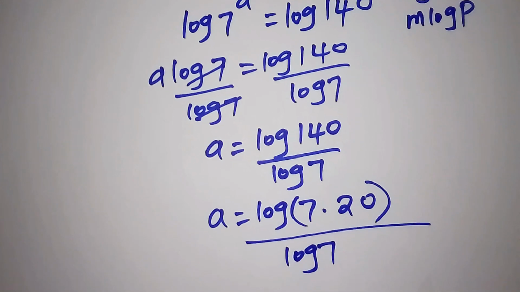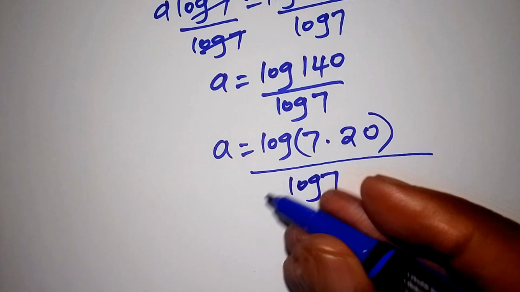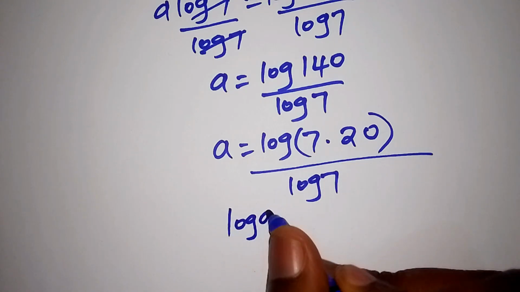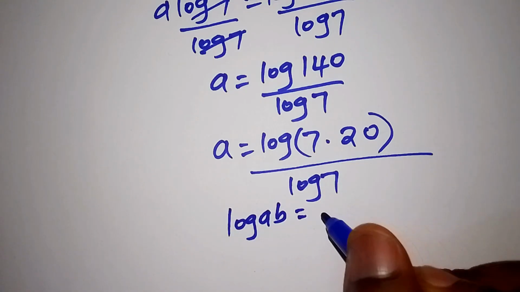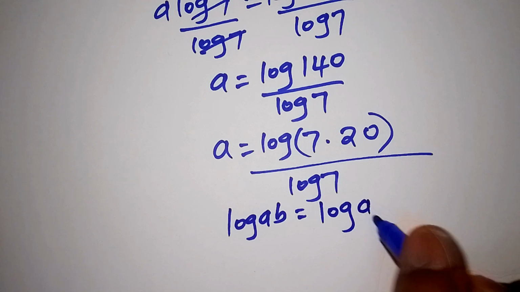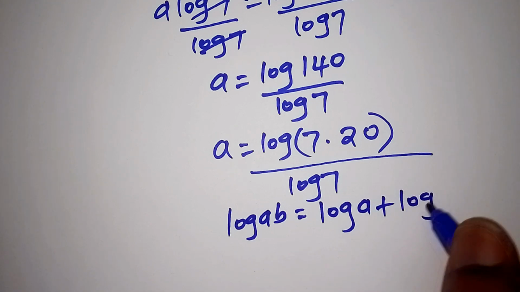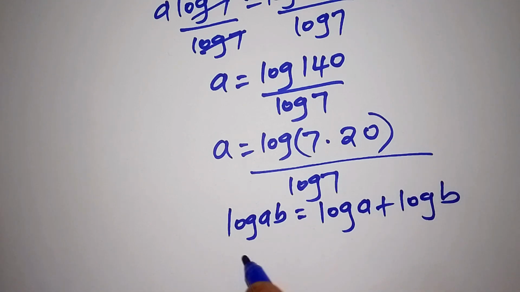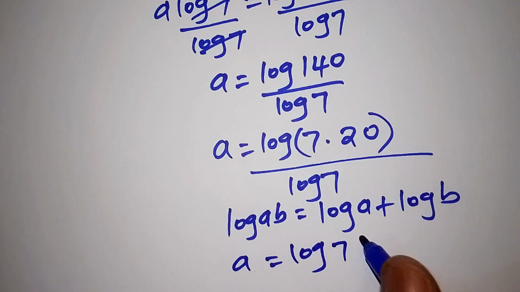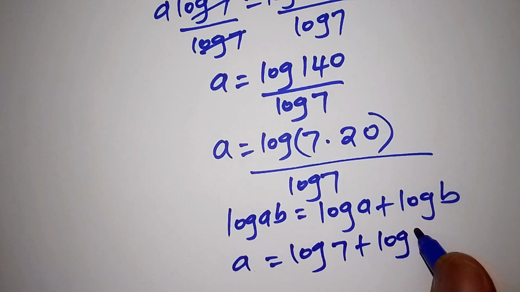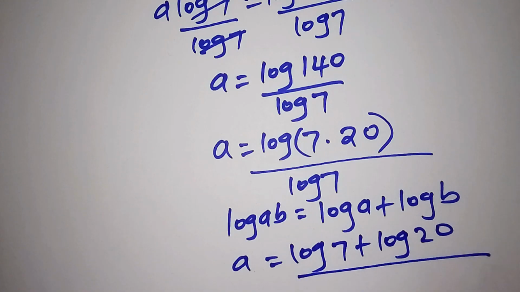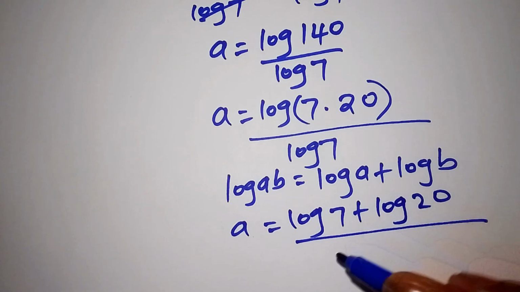Assuming that we have the log of a multiplied by b, according to the law of logarithms it shall be the log of a plus the log of b. So here we shall have a is equal to the log of 7 plus the log of 20, all over the log of 7.